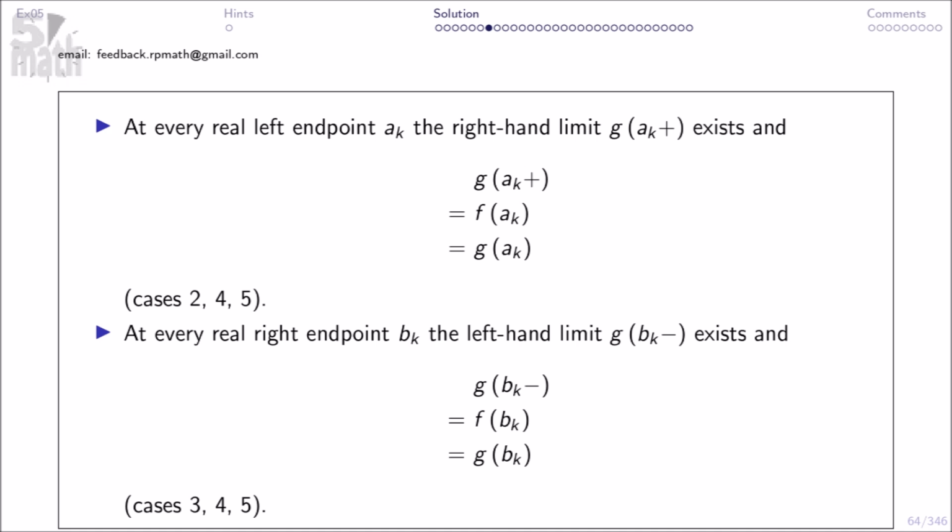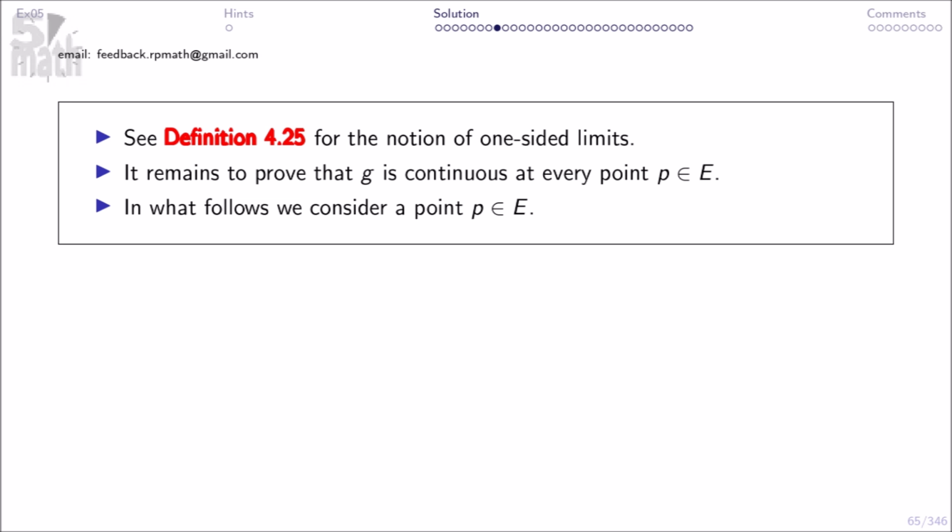Cases 2, 4, 5. At every real right endpoint b_k, the left-hand limit g(b_k-) exists and is the following. Cases 3, 4, 5. See Definition 425 for the notion of one-sided limits. It remains to prove that g is continuous at every point p in E.